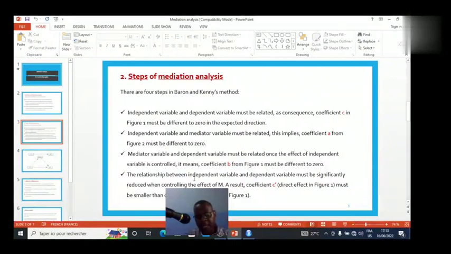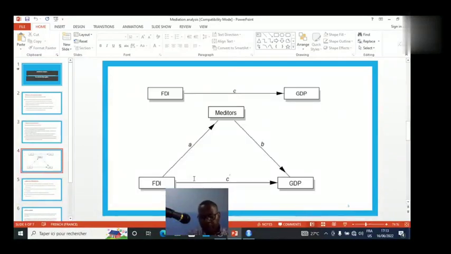Those procedures are followed when you are performing mediation analysis, and when you are discussing your results, you interpret them based on this procedure, as Baron and Kenny proposed. When you are performing mediation analysis, you can follow this figure.